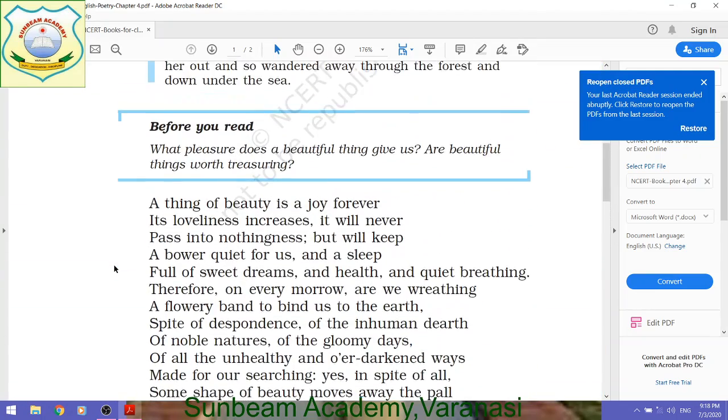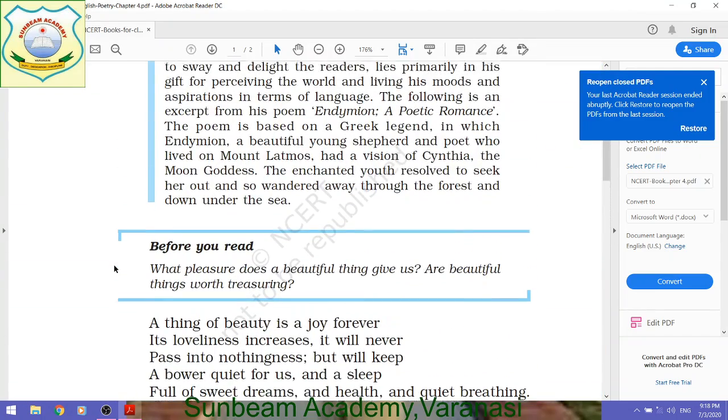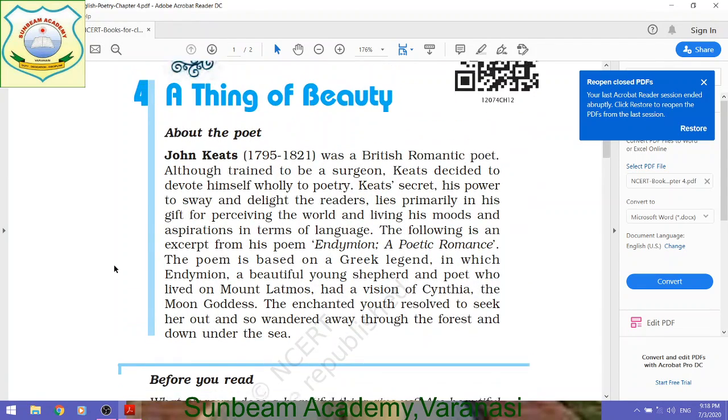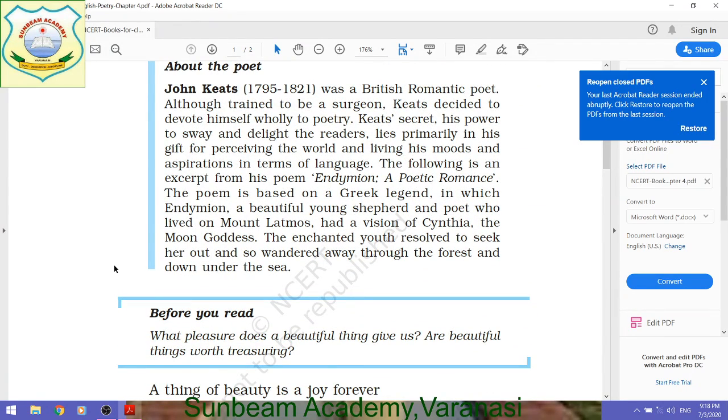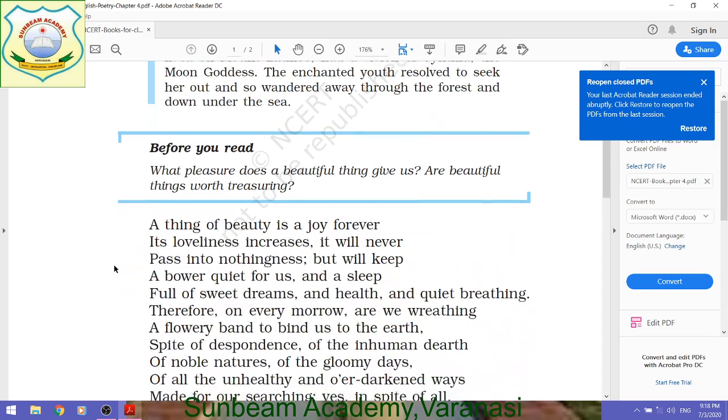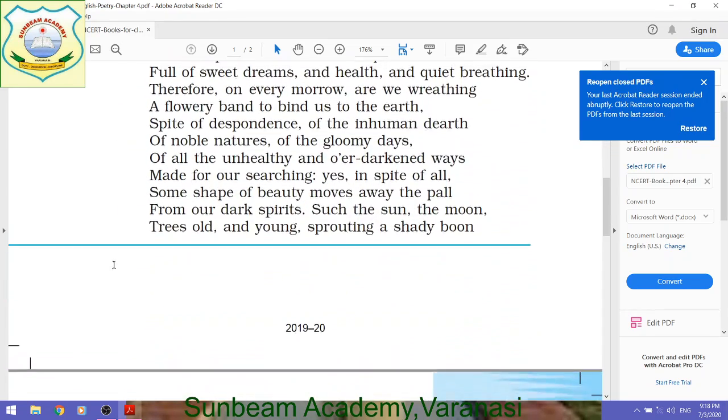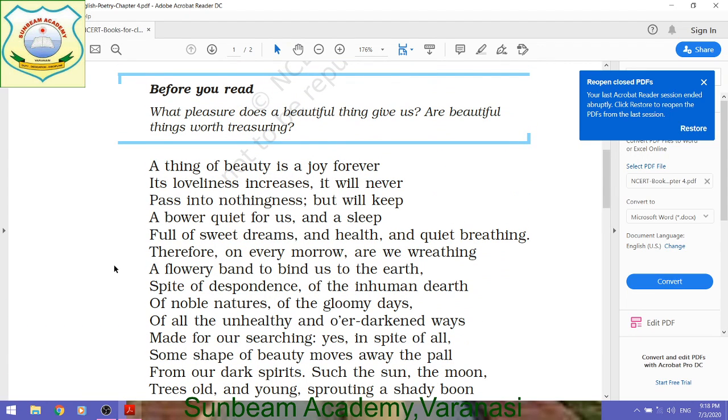Now students, before moving towards the question answer section, let us revise the poem in a nutshell, because that will be a revision of the poem for you.